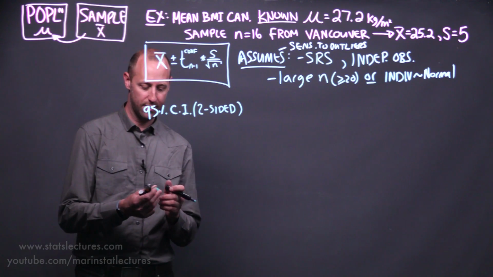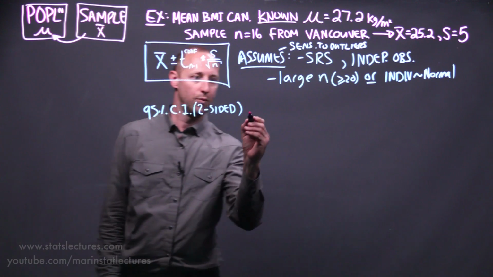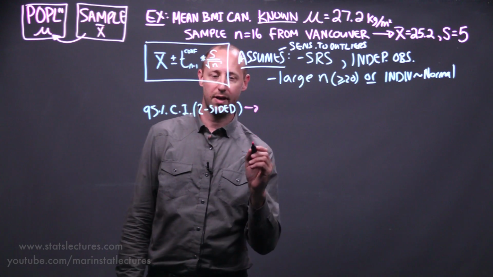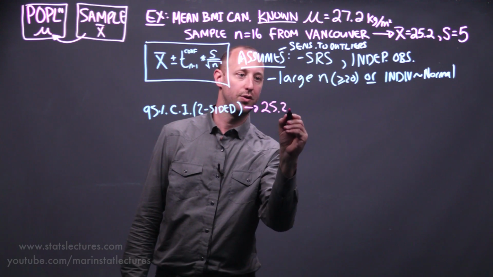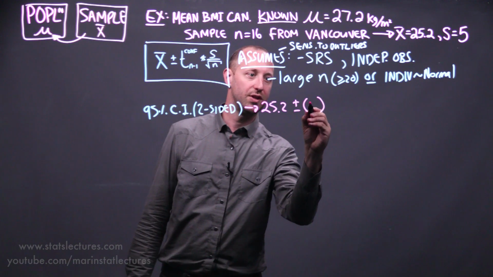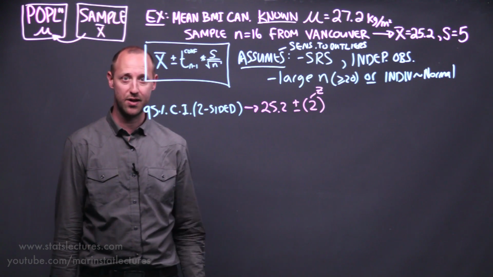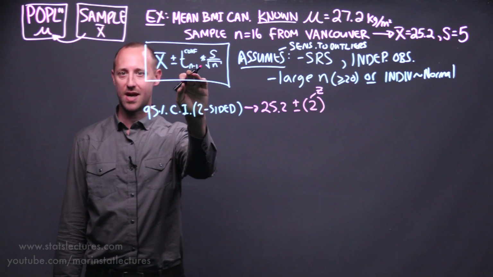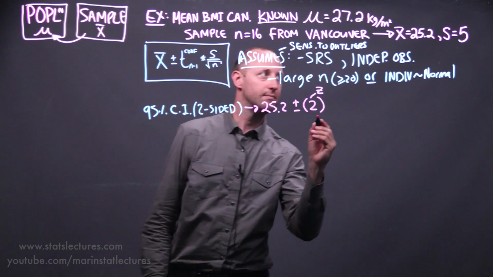In order to do that here, we're going to take our estimate of 25.2 plus or minus. Now, I'm going to start by using the rough value of 2, plus or minus 2 standard deviations. We'll look at what the exact value is in a moment, but let's keep that aside for now.